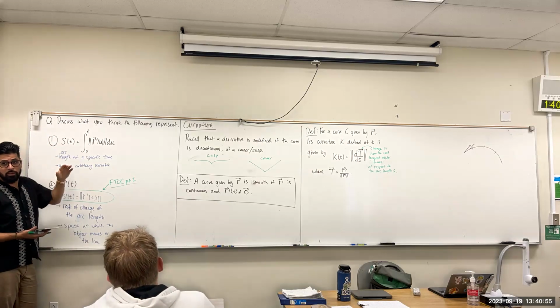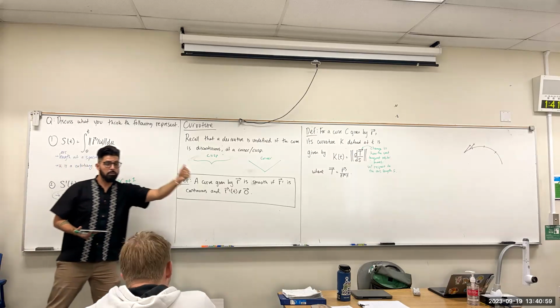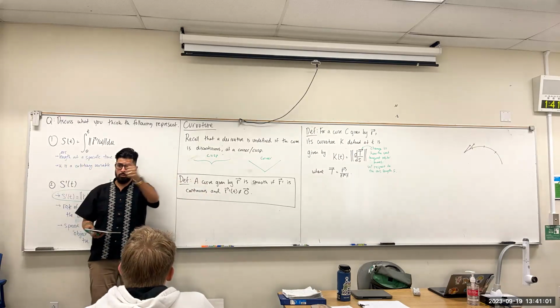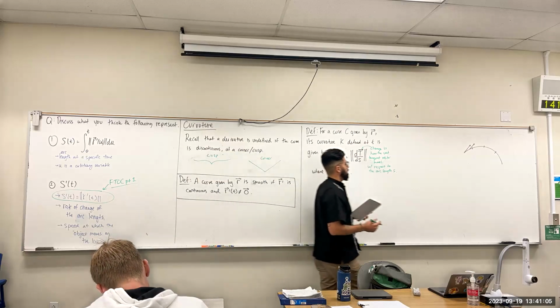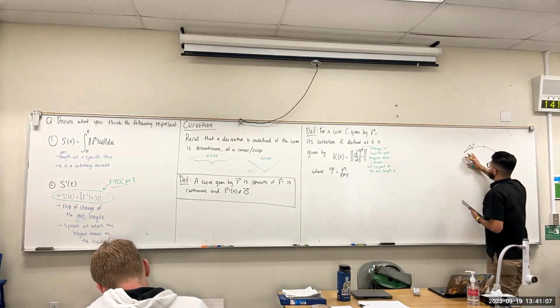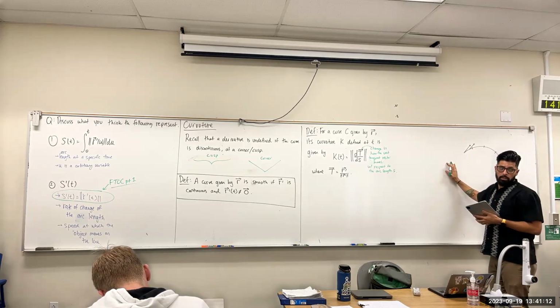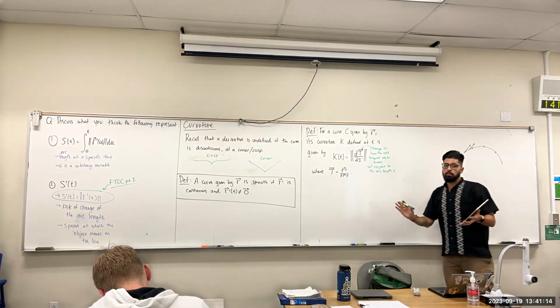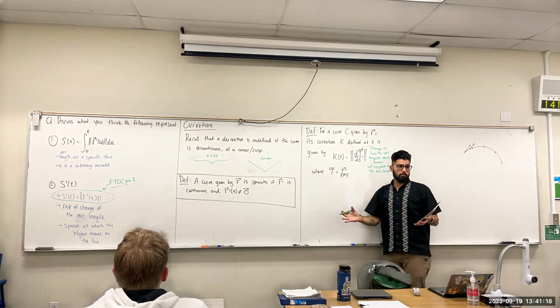I needed you guys to think about it. s is the arc length from some fixed time to a varied time t. So ds is telling you the change in that arc length. But not with respect to time because it's just ds right now. It's just a change in the arc length.